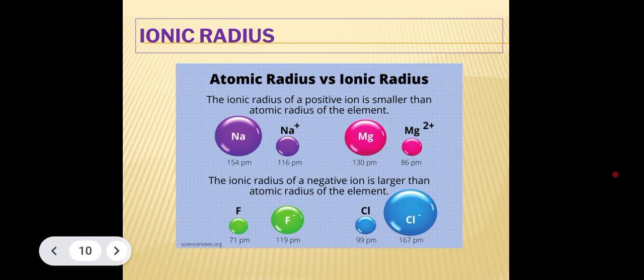When electrons are lost, the entire shell is removed. So the size of the atom shrinks, and hence the ionic radius is lesser than the atomic radius.